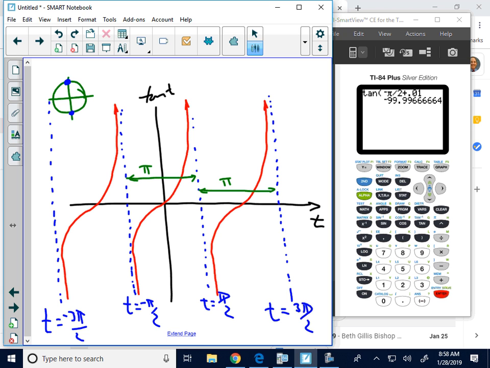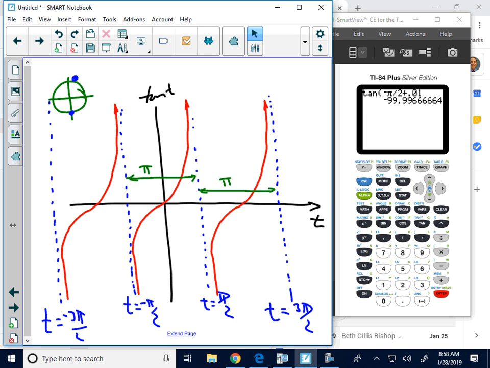And those are always going to be half a rotation away from each other, right? So this was at pi over 2. If we move that dot down here, that's 3 pi over 2. If we move it back up again, there's going to be another vertical asymptote at 5 pi over 2, right? And another one after that at 7 pi over 2, right? Every pi after that. Okay.